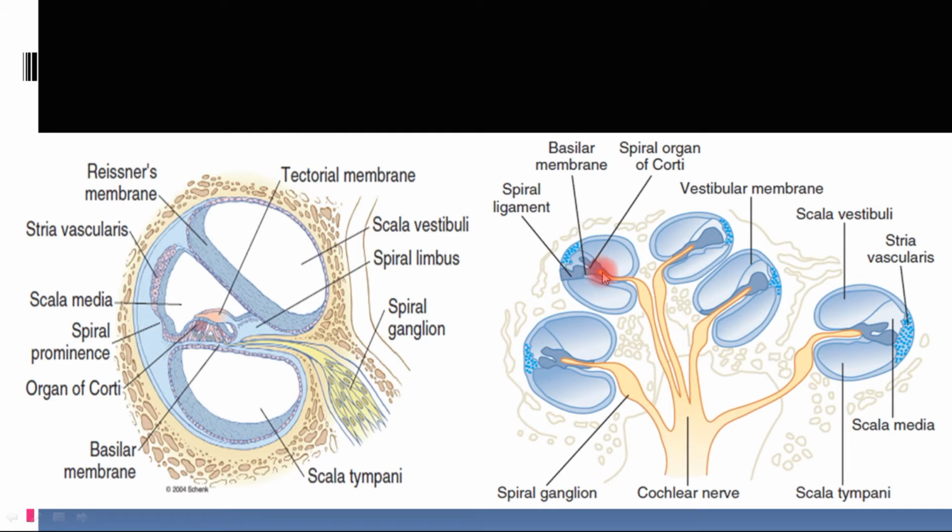The hair cell gives off the neuron, which comes here and forms the spiral ganglion, and the neurons coming out of the spiral ganglion from all the parts of the cochlea, these different parts of the cochlea, join together and form the cochlear nerve.